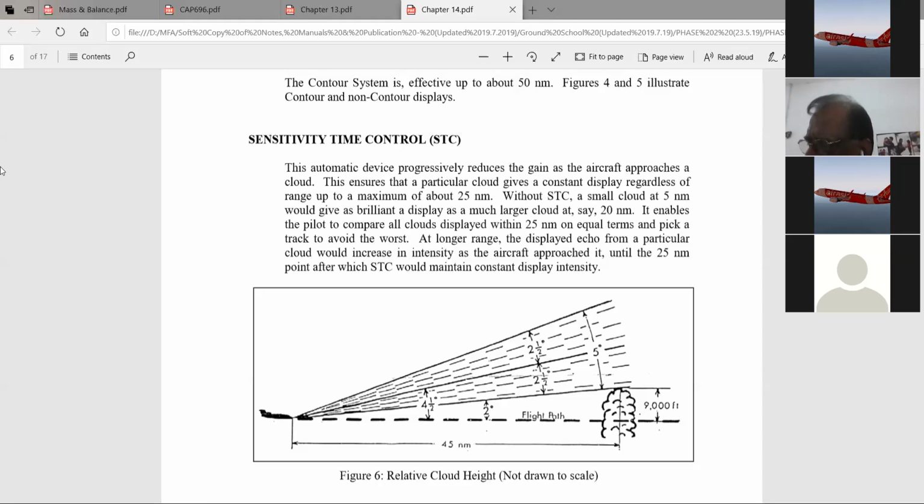So the actual tilt is 1 degree? Yeah, exactly. 1 degree up, +1. 1 into 100 divided by 60. The range is 100 nautical miles. Have you got the answer? 1 degree, please.